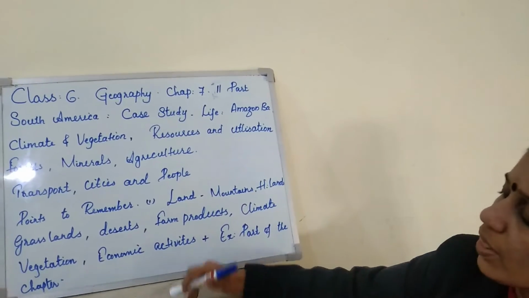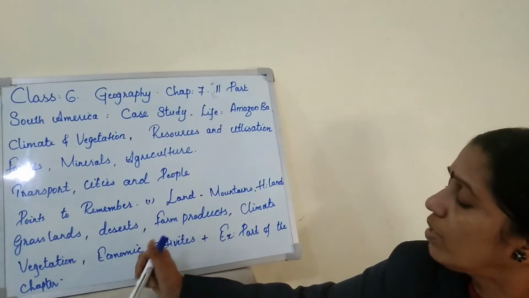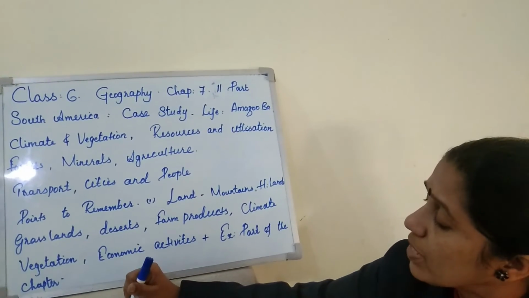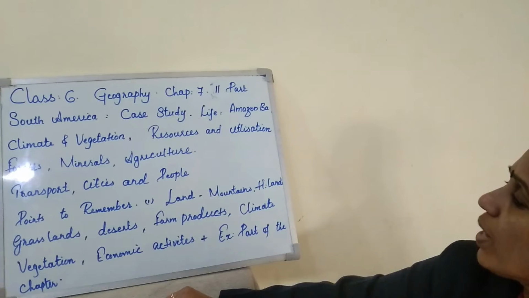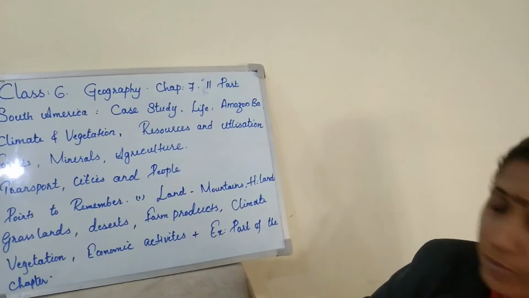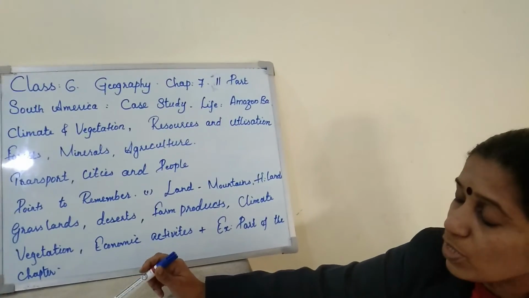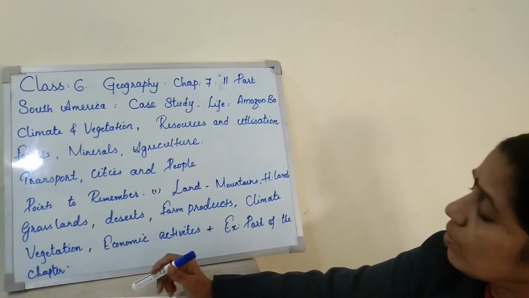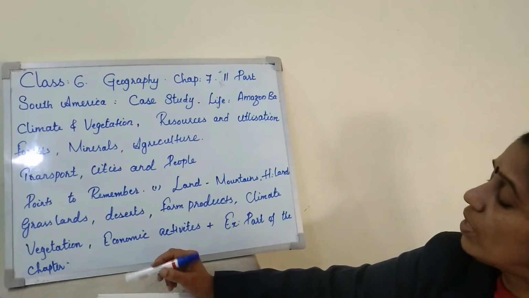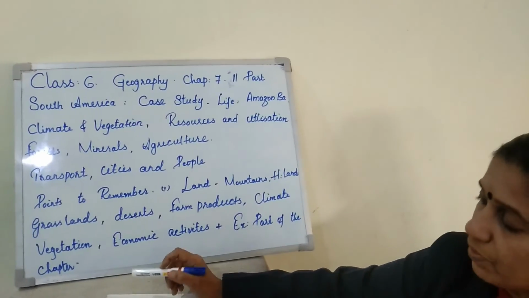Then the Native Americans, the American Indians, practice another method for agriculture, because in most places the soil is not fertile, and they apply another practice for cultivation, that means shifting cultivation.